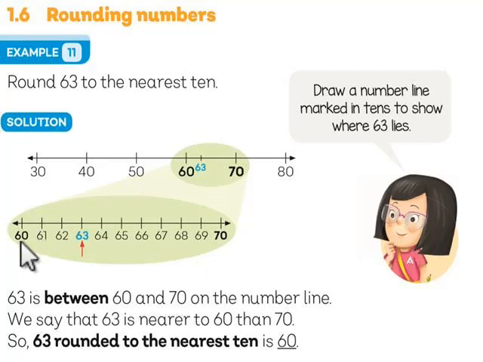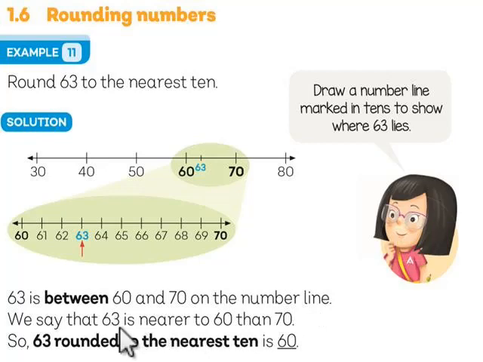Okay, if you look at number 63 here, the 60 is here and the 70 is here. So 63 is between 60 and 70 on the number line.